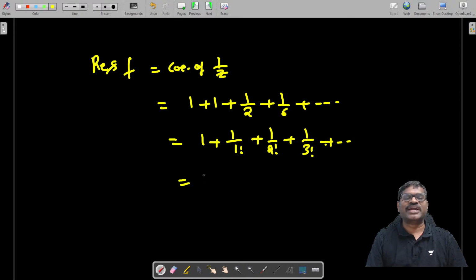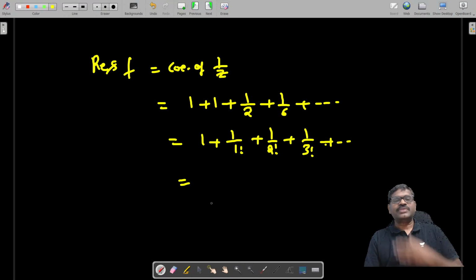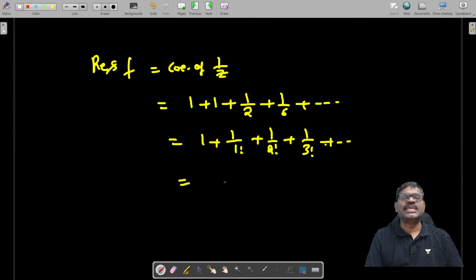This is the expansion of e power z at z equal to 1, which is nothing but e. Okay?